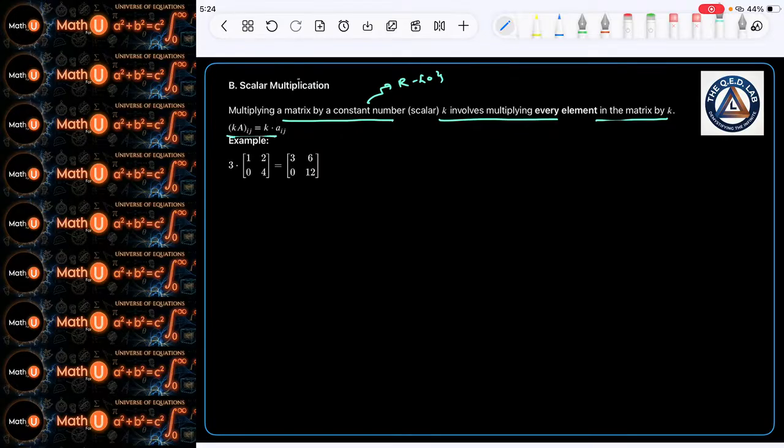For example, here a matrix is given like this: 1 3 6 2. For example, I want to find 2A. What is the value of 2A? Then 2 into the matrix 1 3 6 2. 2 is a number, and this number is multiplied with every element.